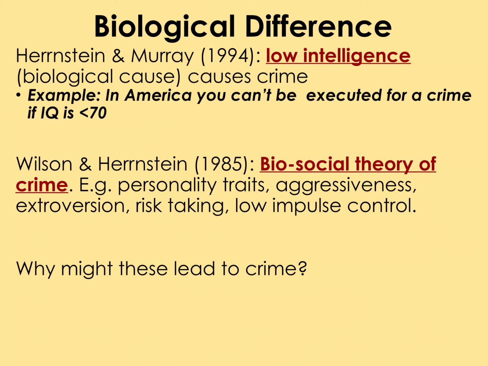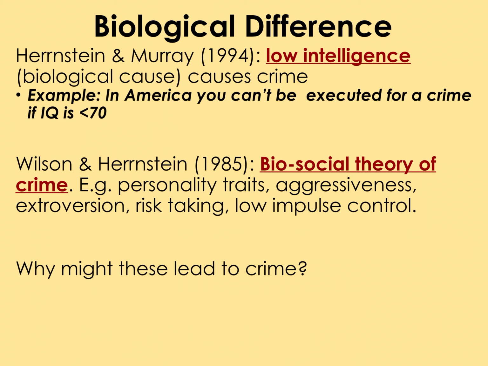So the biological difference argument comes mainly from some of the research by Herrnstein and Murray, and also Wilson and Herrnstein. So low intelligence is seen as a biological cause for crime. And we know this is considered true because in America, for example, they have a law that if someone does commit a crime and they are convicted as guilty, and it's a very serious crime, regardless of what they've done, they cannot be executed if their IQ is 70 or less, which is an intelligence test, if you like.